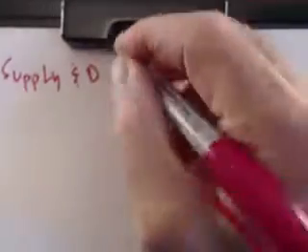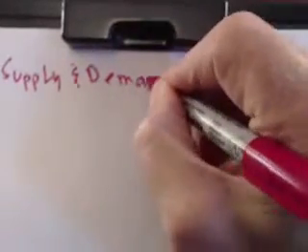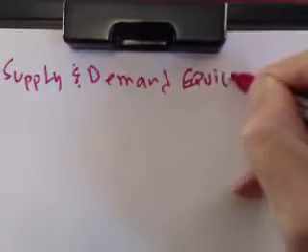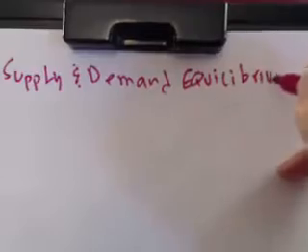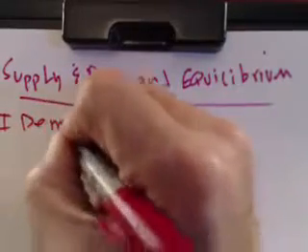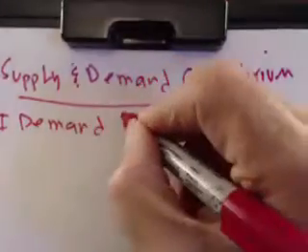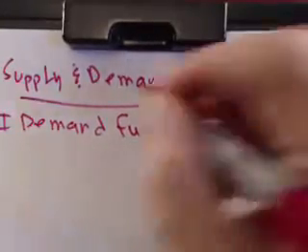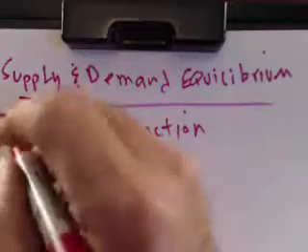So what we're looking at is supply and demand equilibrium. All right, so how do we get there? We're going to cover the demand function and the supply function, and these are just going to be given functions.